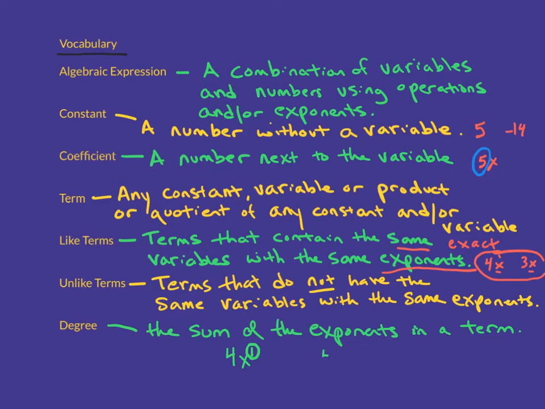If you've got something like 4x squared y to the third, the degree of that one, again, you're going to add the exponents. Sum is addition. So you're going to add the exponents. We've got a 2 there. We've got a 3. And if you add that, the degree is 5 in that case.